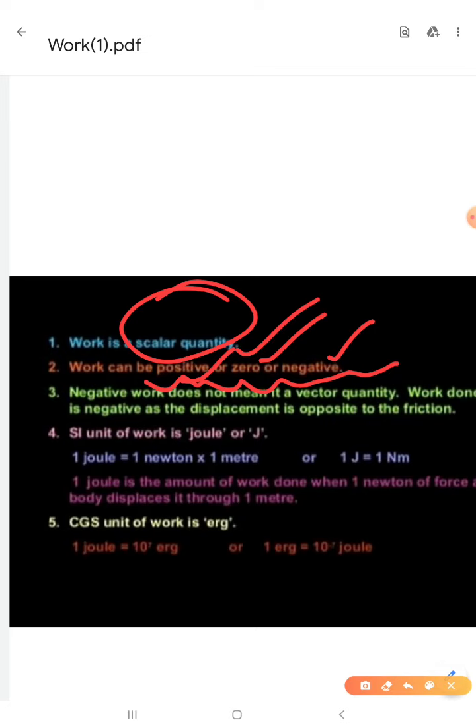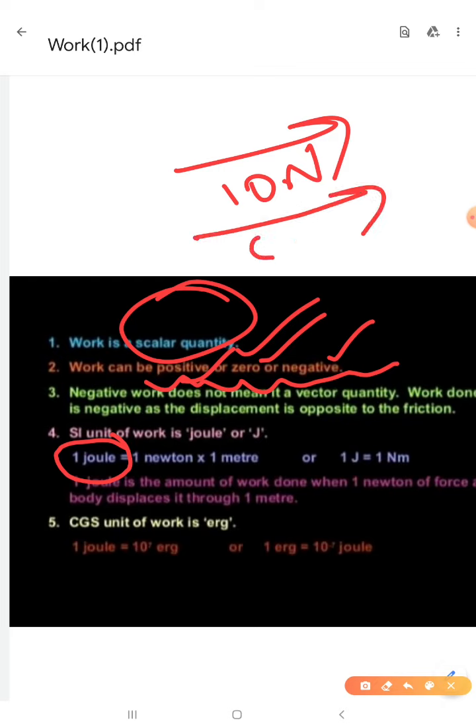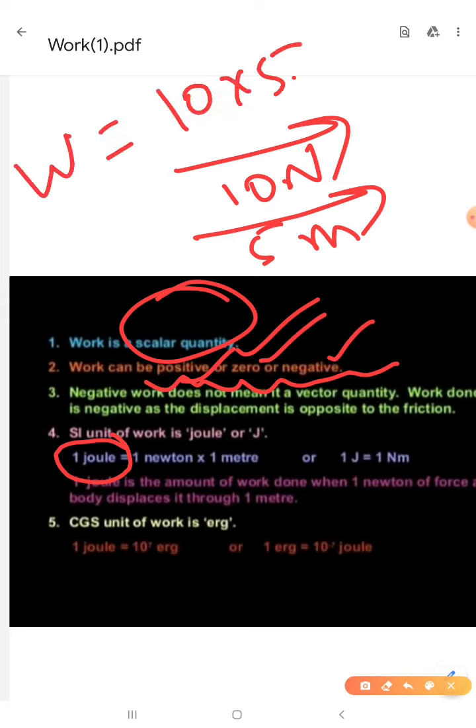You should know that this is a scalar quantity, and the SI unit of work is joule. Suppose force applied is 10 newton and displacement is 5 meter in the same direction. Then force into displacement is 10 into 5, which is 50, and the unit is joule. 50 joules should be our answer.